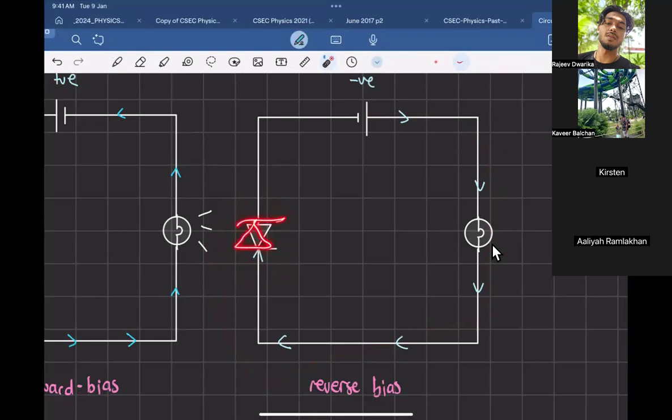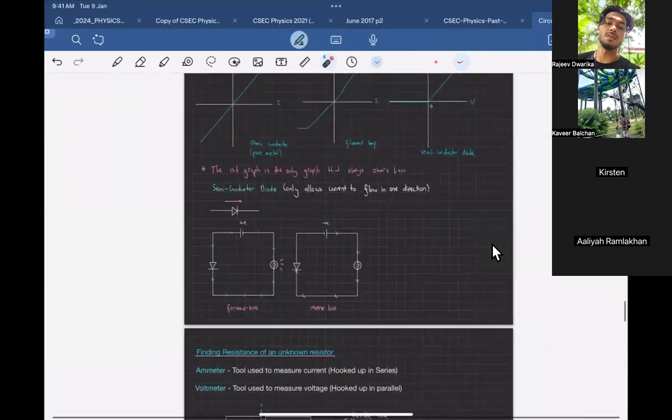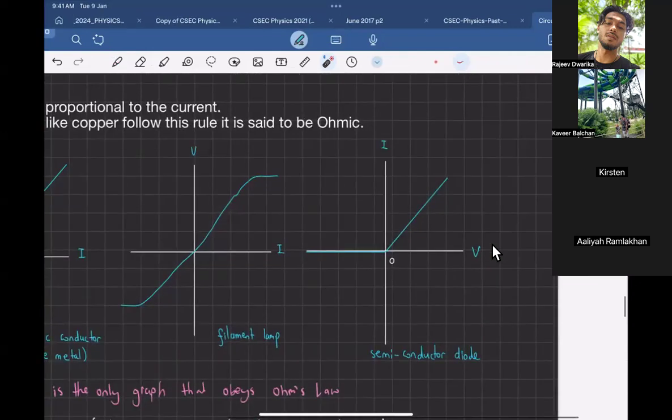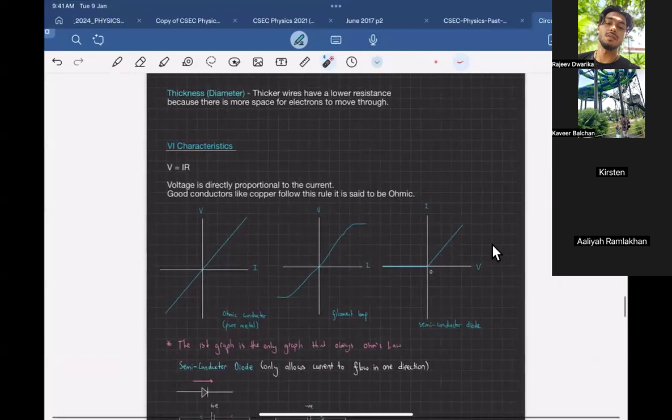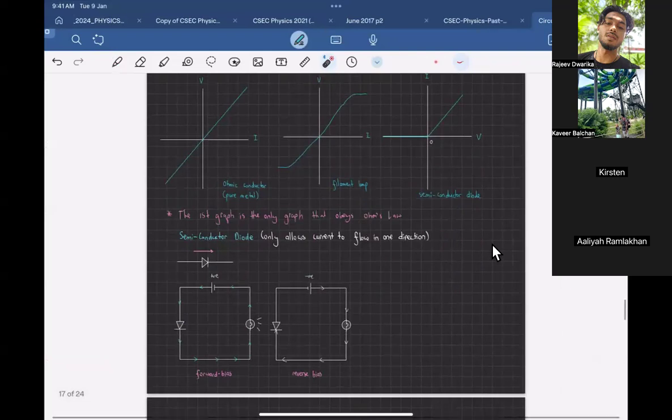Yes, and that would allow current to flow through. Excellent. So that's why the graph looks like this: when the battery terminals get flipped, it doesn't conduct any electricity, no current can flow. But when it's in forward bias, current flows as normal. So are you all good with that?